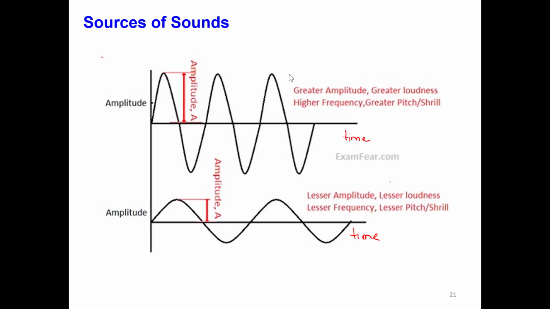If this wave has greater amplitude, then we will have greater loudness and also greater intensity. If this has higher frequency, then we will have greater pitch. In the other case, in which we have lesser amplitude, we have lesser loudness and lesser intensity, and we have lesser frequency and lesser pitch.